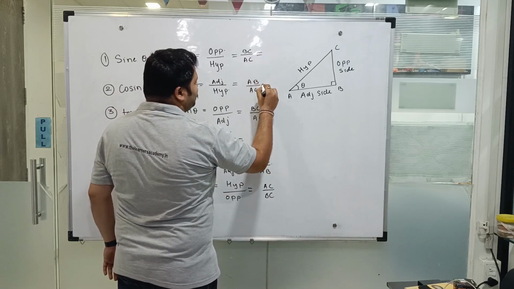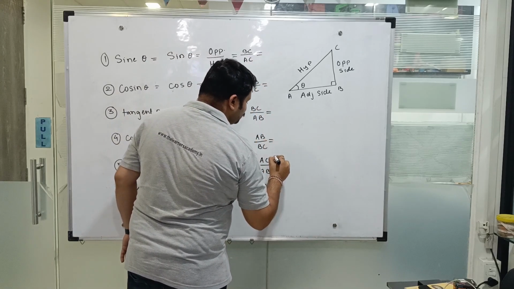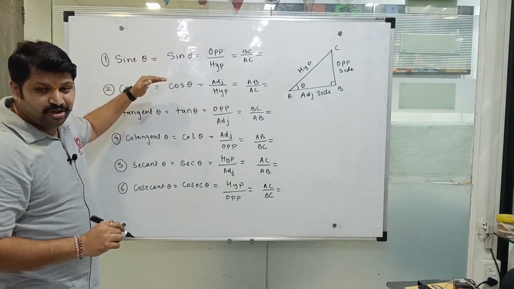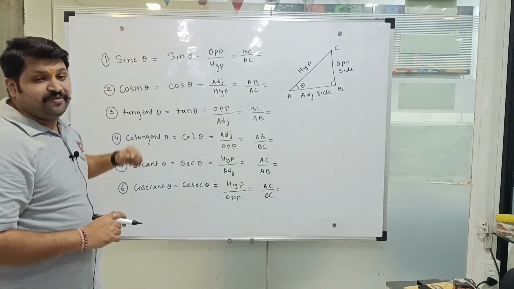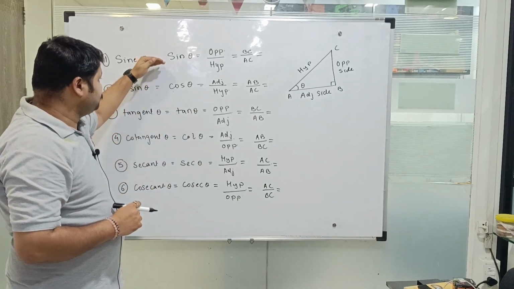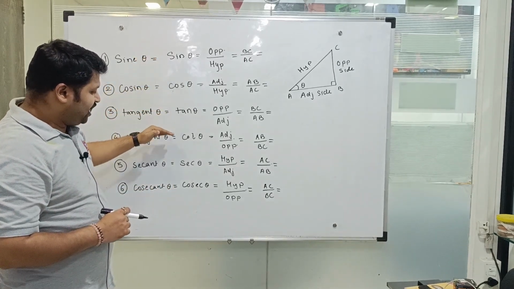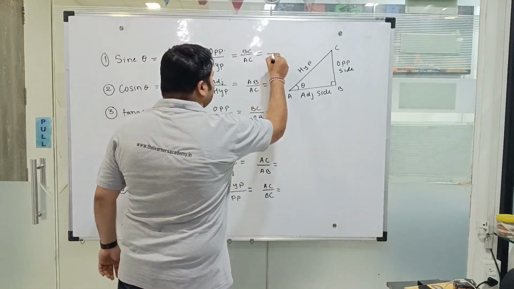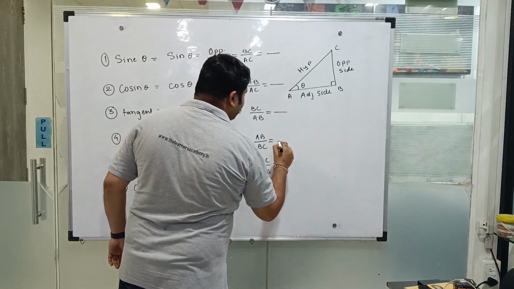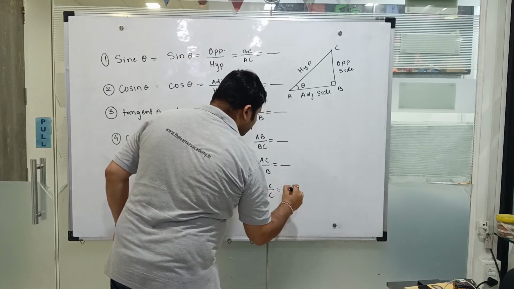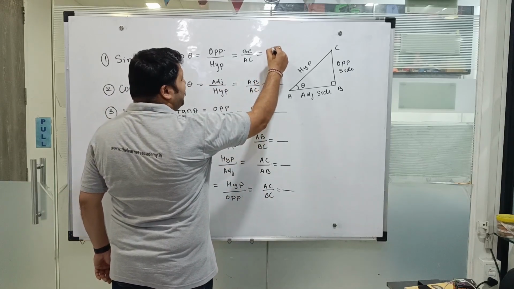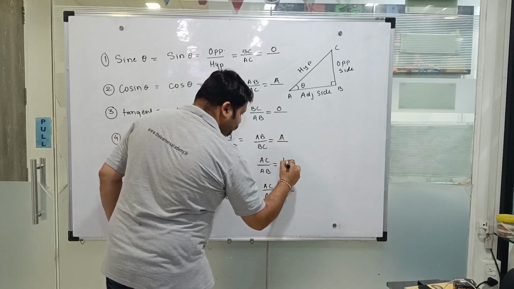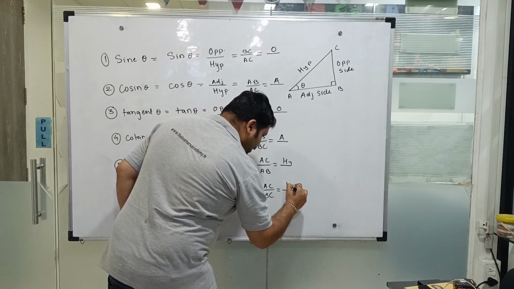Now, the trick to remember the ratios is very simple. We have to write the ratios in this particular sequence: sine, cos, tan, cot, sec, and cosec. And if you see the numerators, we can write the acronym OA, OA, HyHy.